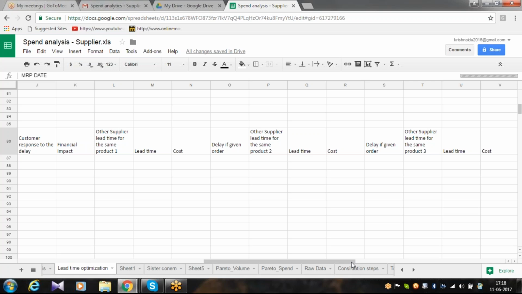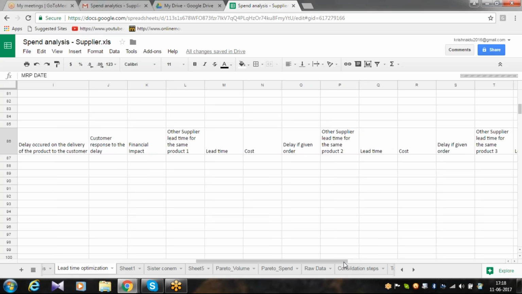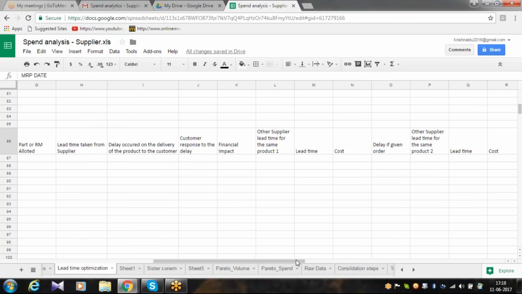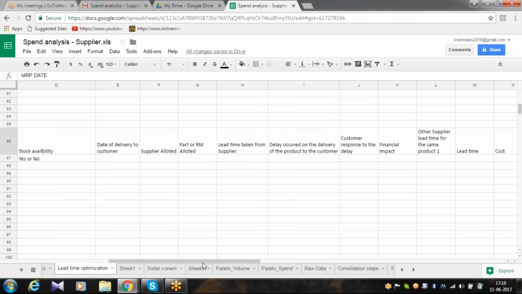I don't have data on this, so I will build demo data later. I'll just explain the concept here. We'll do the analysis by building demo data in our next session. Here I will analyze my historical data and see for how many orders delays occurred from the supplier.